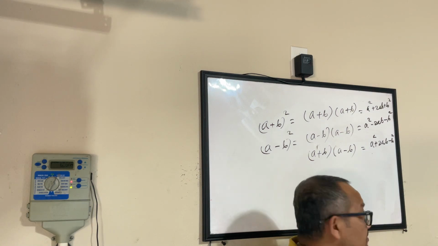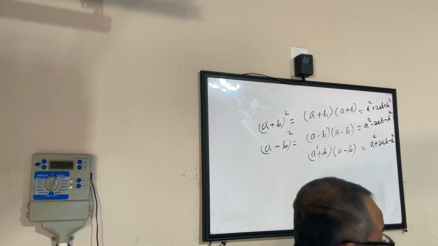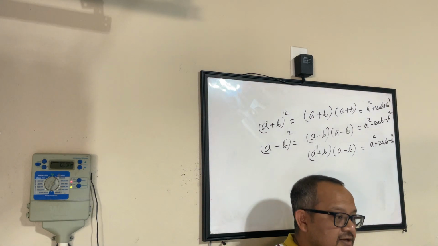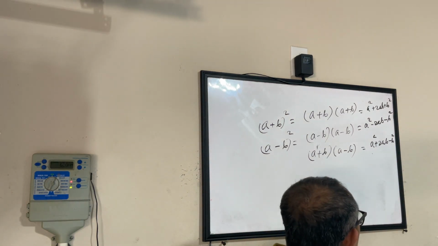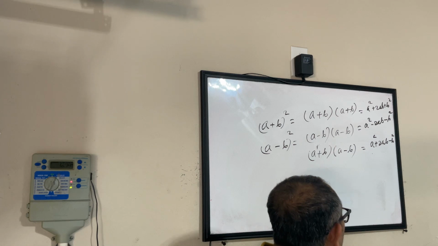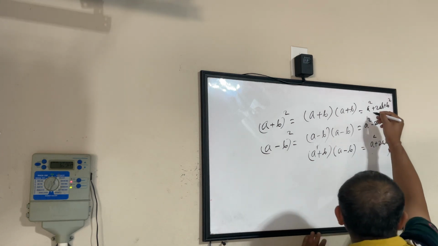Yes, Vasundhara, you were saying something. For the first one, I got a plus b squared. For the second one, I got a minus b squared. For the third one, I got a squared plus b squared. No, a squared minus b squared. What was the first one you said?